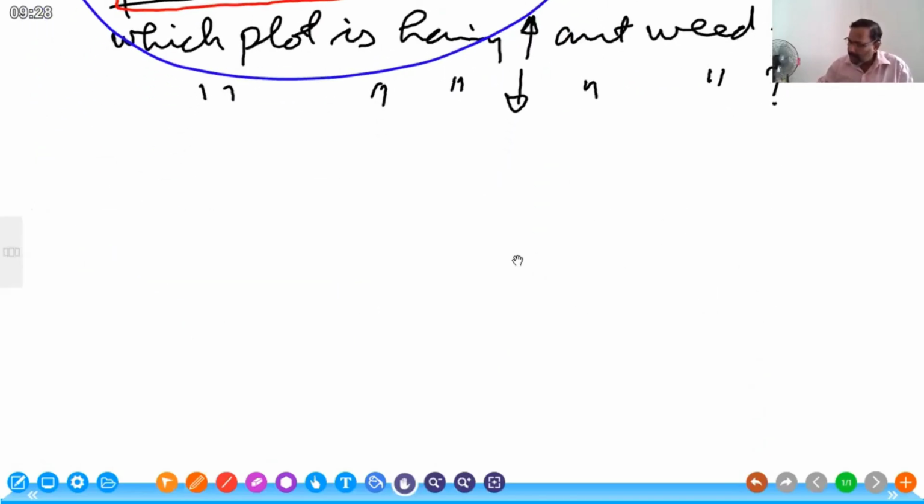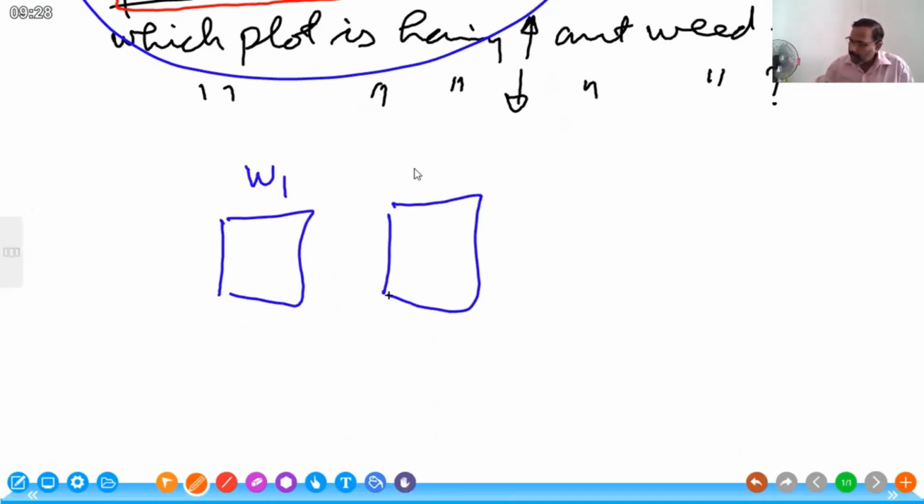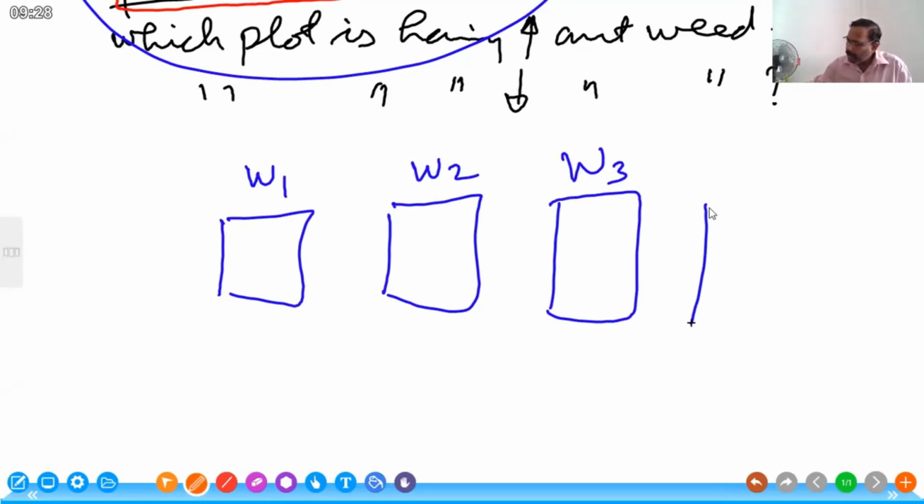For example, if I say I'm testing here weedicide 1, in this plot weedicide 2, in this plot weedicide 3, in plot weedicide 4, to see the effect of weedicide, what do you think about the initial number of weeds in the field? It should be same or not same to evaluate the weedicide.